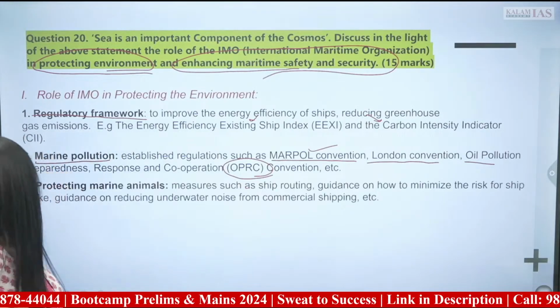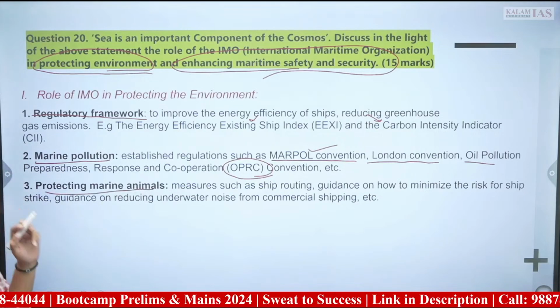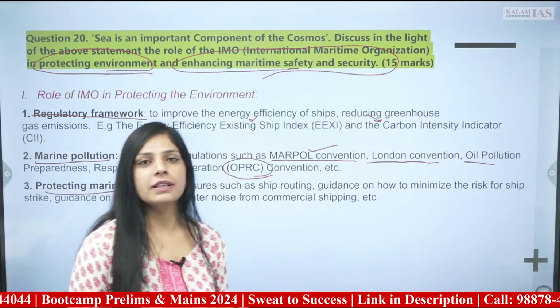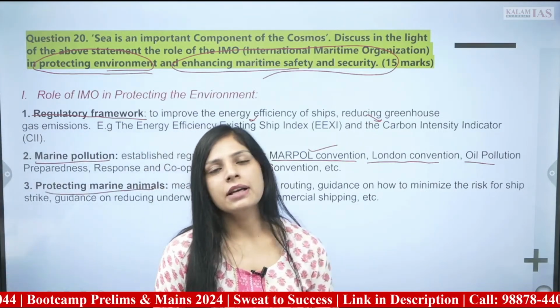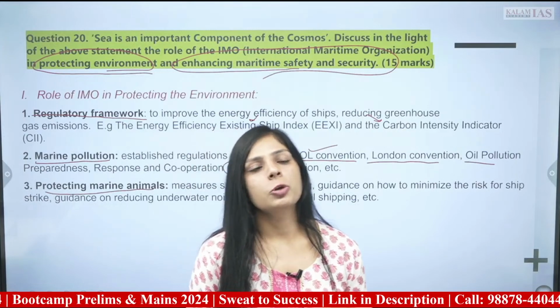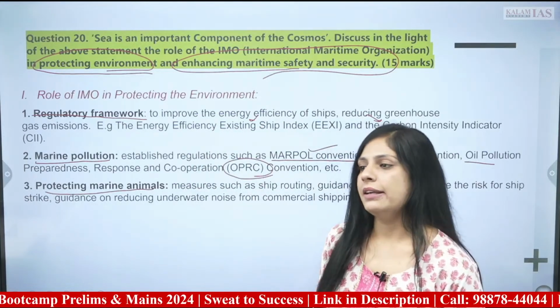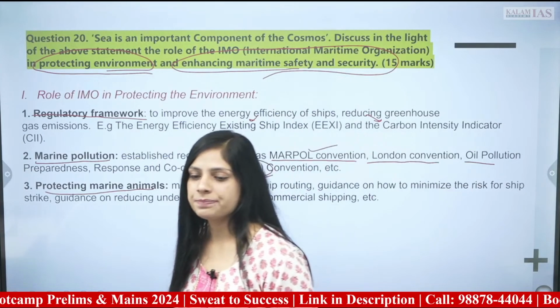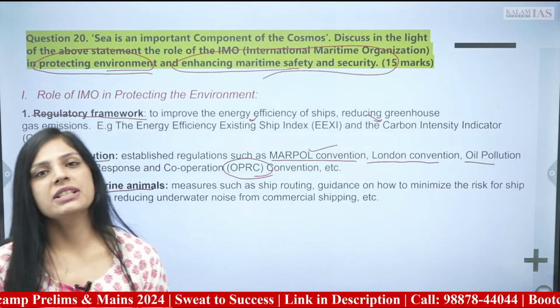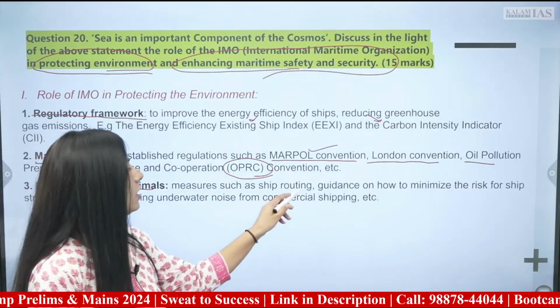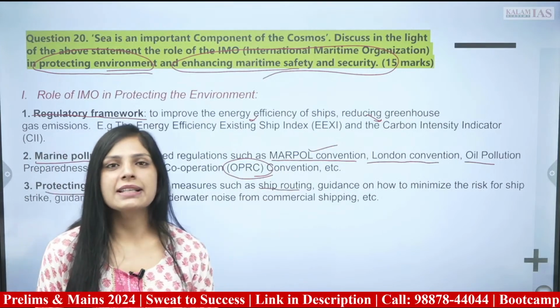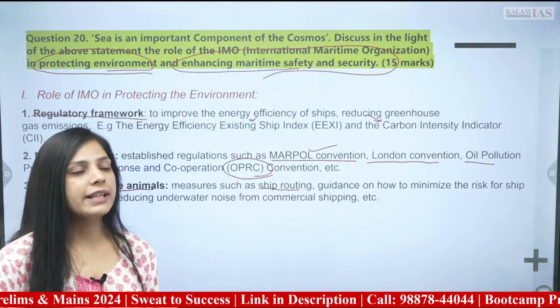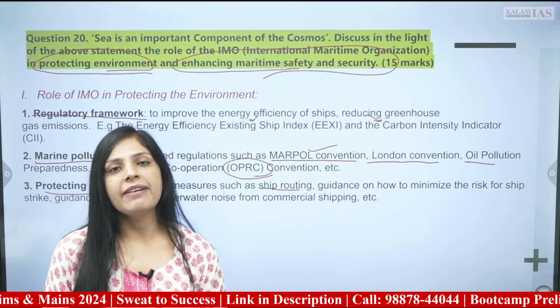Now marine animals would also be protected by IMO, right? It has taken various measures to protect the whales and other cetaceans, we can say, right? Measures such as ship routing, so that their habitats are not endangered, right? Their population gets safe access.